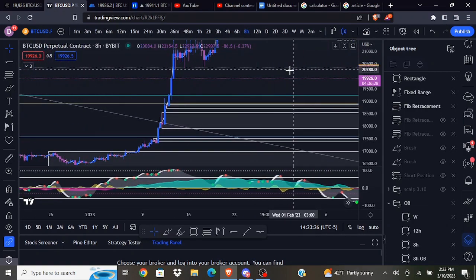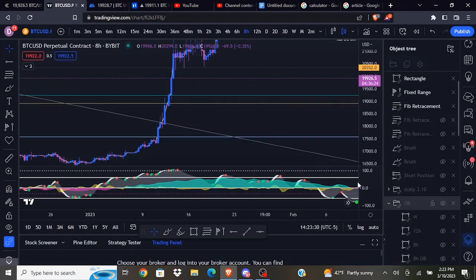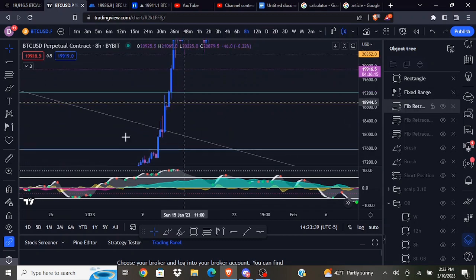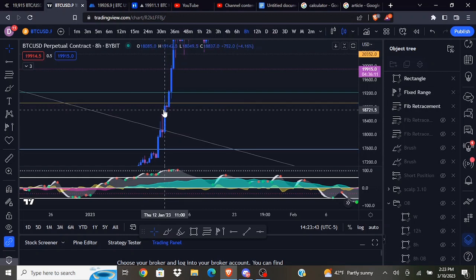So on the 8-hour, we do have this 8-hour order block right below that golden pocket. I'll hide that box, and I'll actually turn off the VWAP too. So right there, we got this purple candle in between two blue ones. You could even say we had a break in structure here because we had a high, came back down, put in a higher low, and then came up to break structure. So it's looking like a decent order block right there.